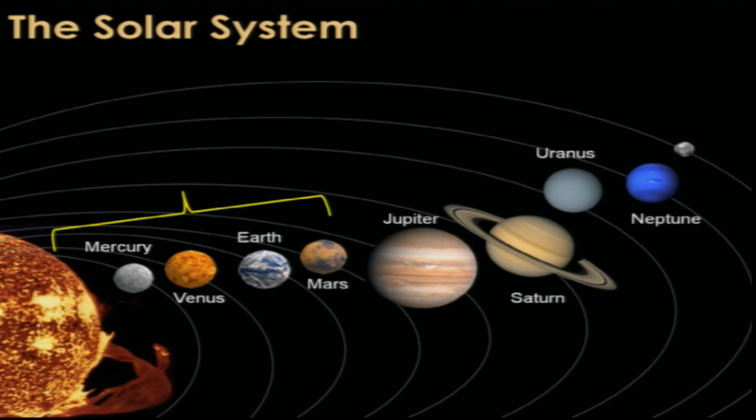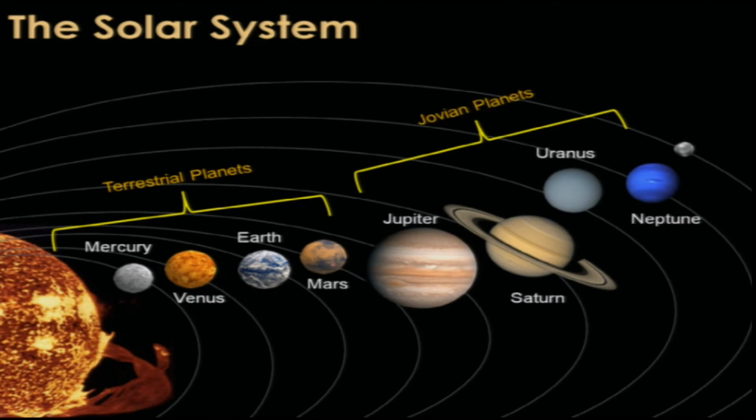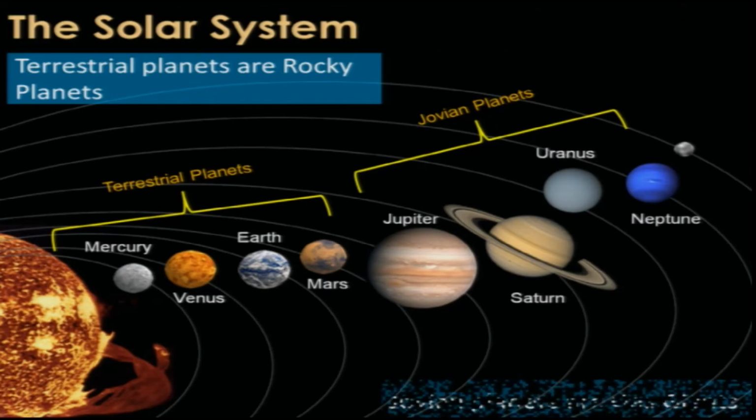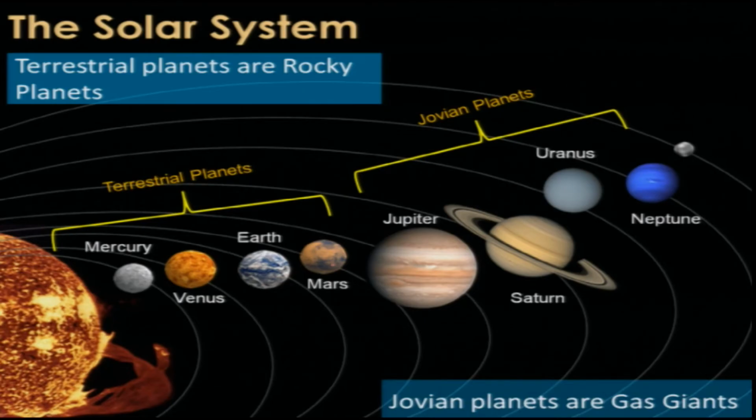So we have the terrestrial planets, which are classified as such, and then the rest, which are the giants and gaseous planets, the Jovian planets. Terrestrial planets are rocky planets which are closer to the sun. Another one is the Jovian planets. Of course, I understand that you people know, but let us move slowly and get into the domain of our sciences.